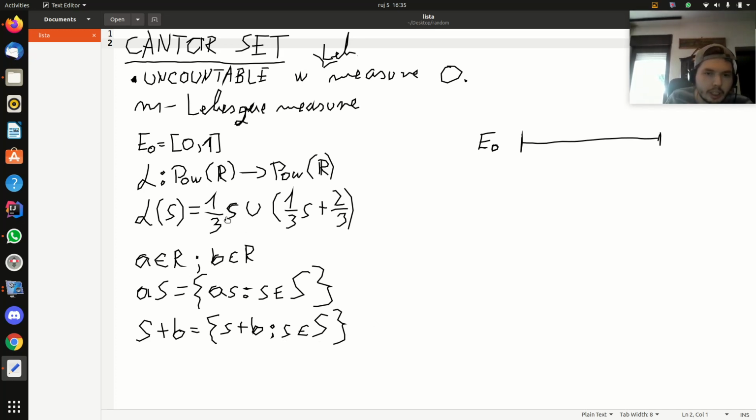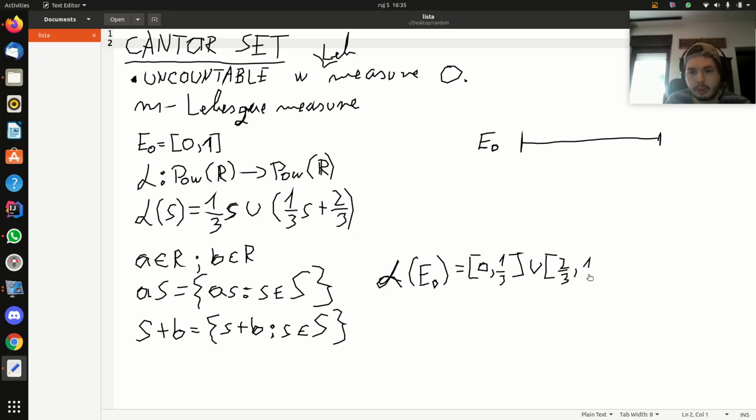Okay, and let's just look at what alpha does to E0. So it shrinks it by a third. So that's going to be 0 to 1/3, and it unions that with, shrinks it by a third and adds 2/3, so this is going to be 2/3 up to 1.